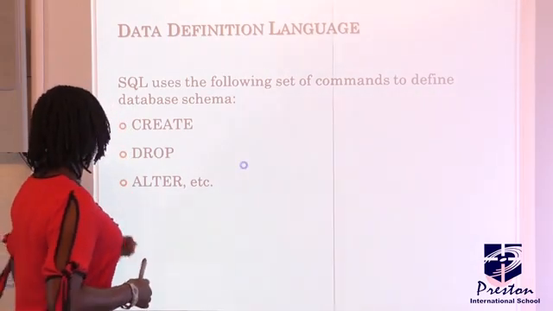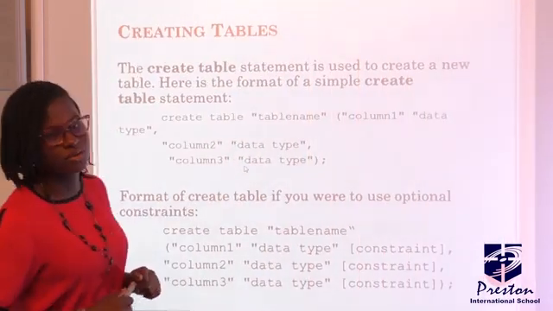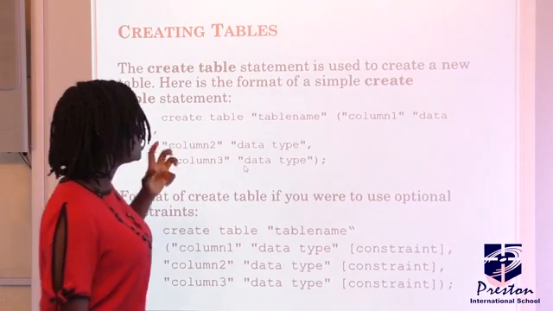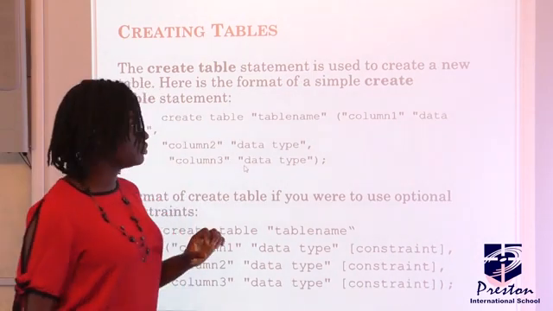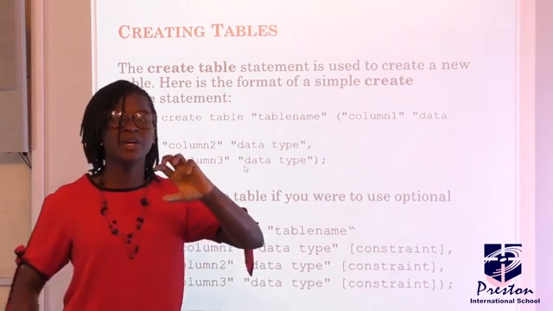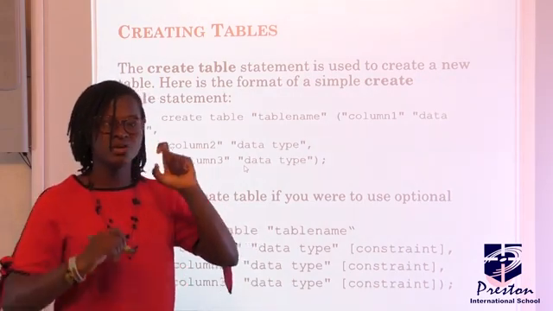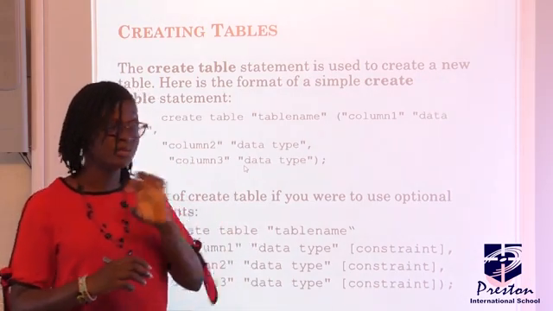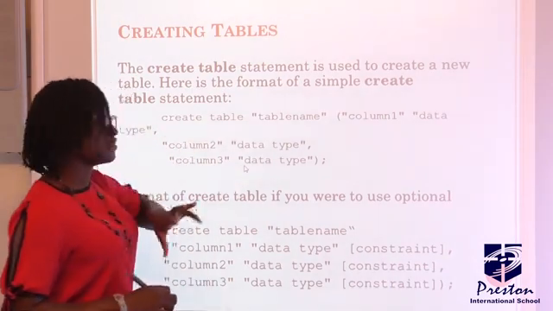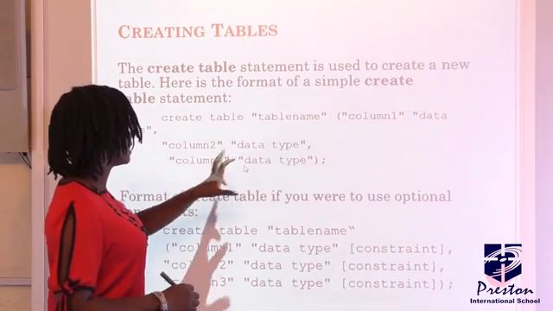So, going to creating tables using the structured query language, we said this is used to create a table, unlike a normal database in Access where you click tables, you click on prepared tables designed themselves. You have to give a command to create that table, and that's what we have here.